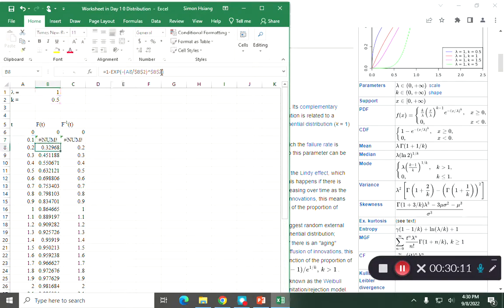Now I see where my problem is. CDF is 1 minus exponential of negative x divided by lambda, to the power of k. Yes, that looks correct.